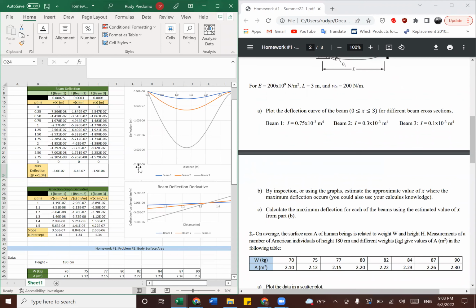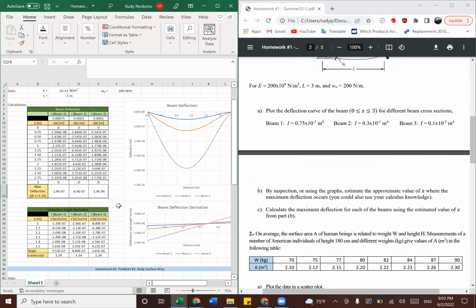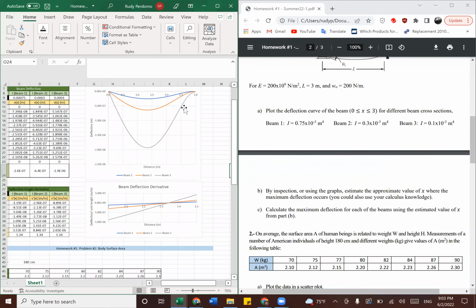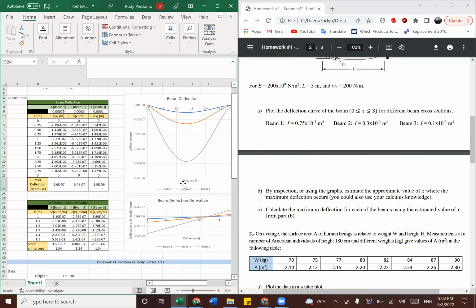And it says you could also use your calculus knowledge, which is what I did. But you could just literally just look at the graph, and if you divided the x-axis into smaller points, you could probably see that it's going to be at 1.34 or somewhere around that.